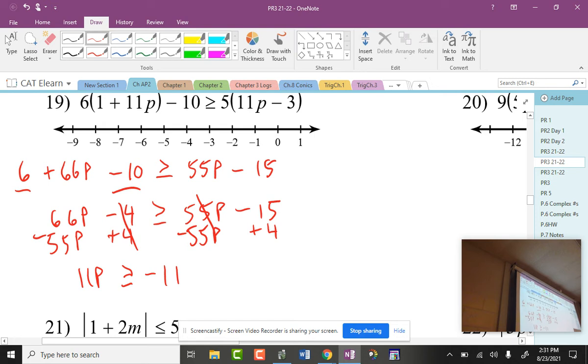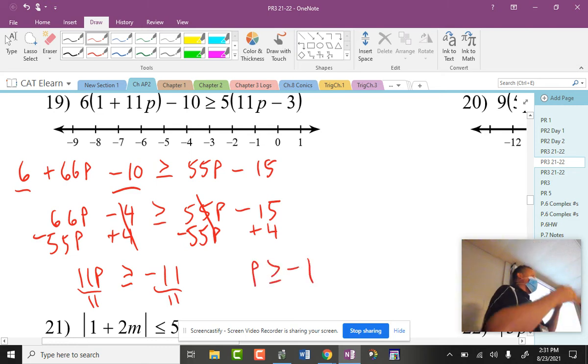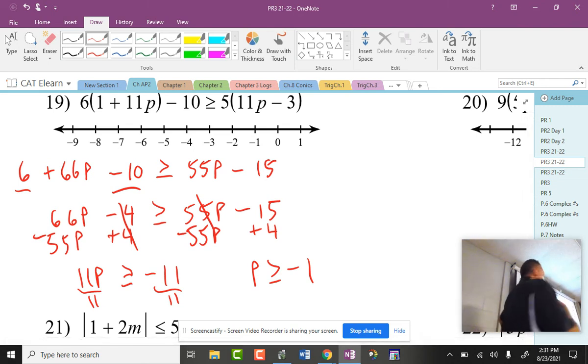At this point, you should know it as a rule. If you had to divide by a negative here, then this would flip to a less than. And we need to remember that. And that is something that is expected, I guess, of you. I used to explain it, but then the more things I explain, students get jumbled with too much information.